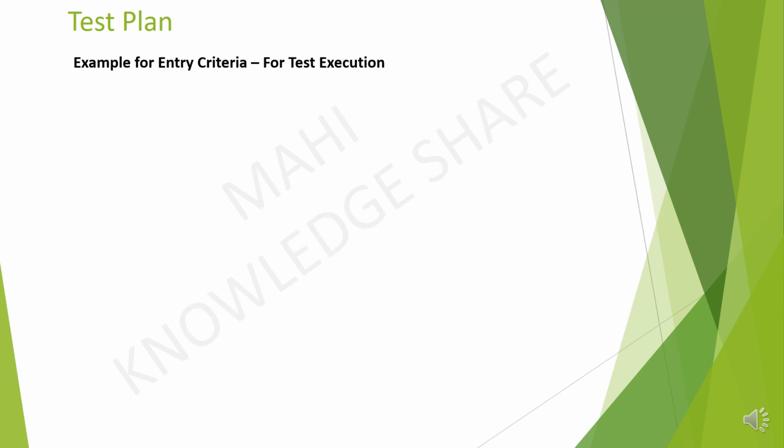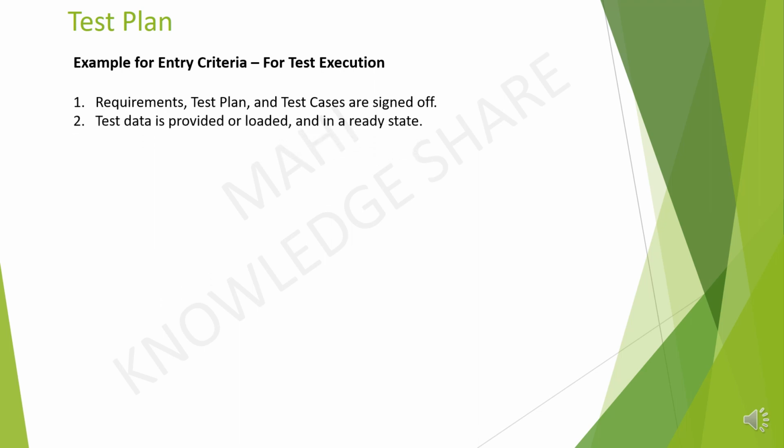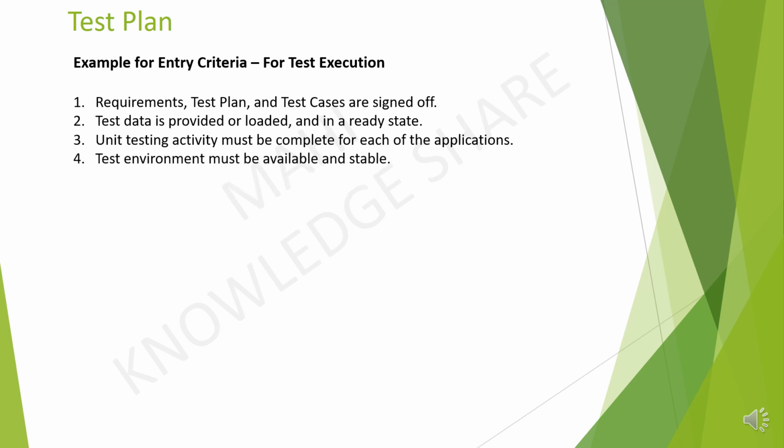Example for entry criteria for test execution phase. Requirements, test plan and test cases are signed off. Test data is provided or loaded and in a ready state. Unit testing activity must be complete for each of the applications. Test environment must be available and stable. Access through any firewalls must be established prior to test execution.